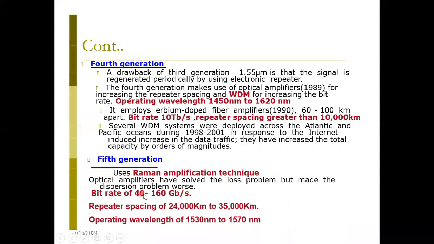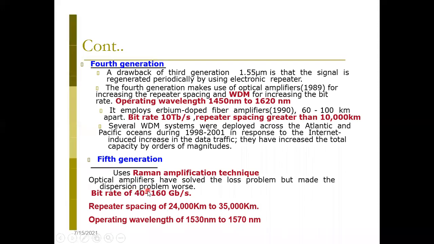So remember, up to the 5th generation, using the amplification technique we could solve the attenuation problem, but the dispersion problem was there. Dispersion means the pulse broadening that took place. As we study the syllabus in due course, everywhere we will address how the amplification problem is solved, using an amplifier. That solves my attenuation, and gradually you will understand how the dispersion problem is solved.